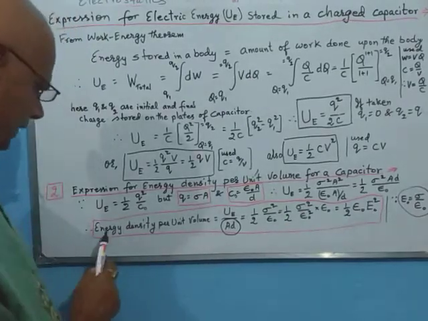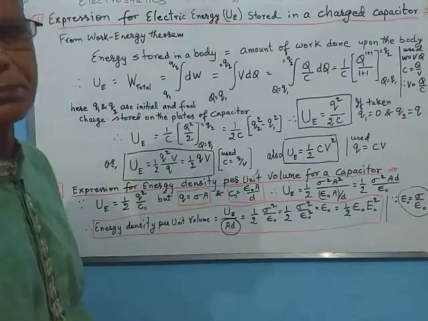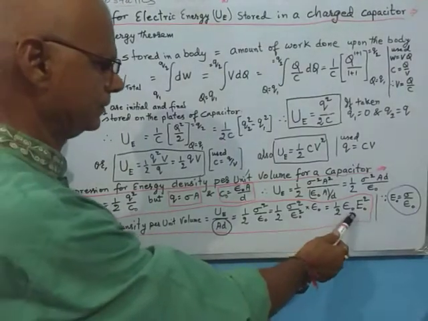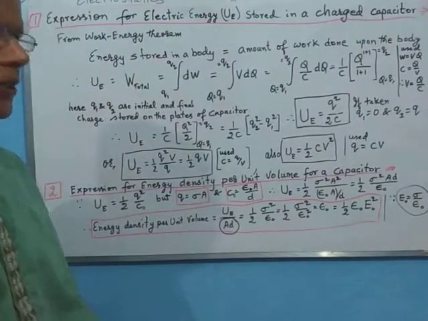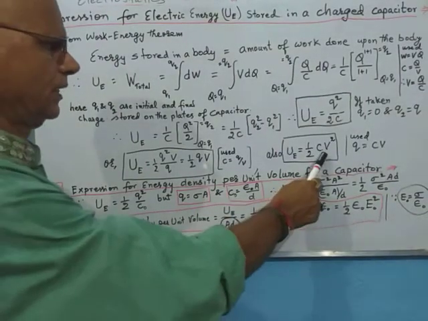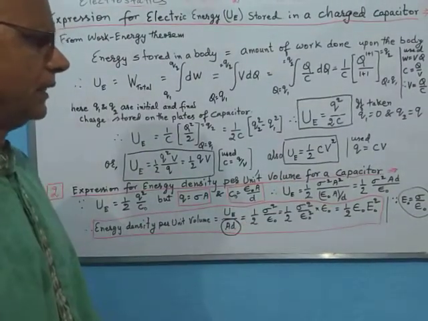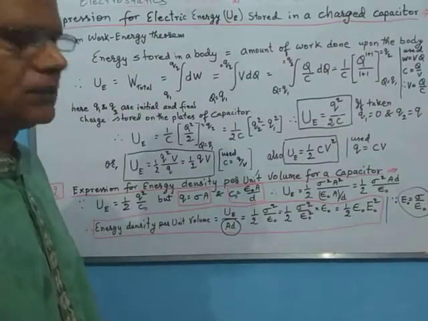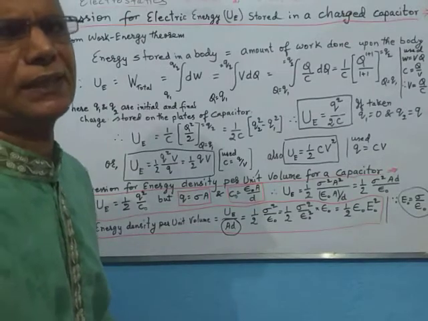So the total energy per unit volume for a capacitor will be equal to half epsilon naught E0 square. This expression, as well as the expressions for electric energy stored in a capacitor, all resemble the expression for kinetic energy.